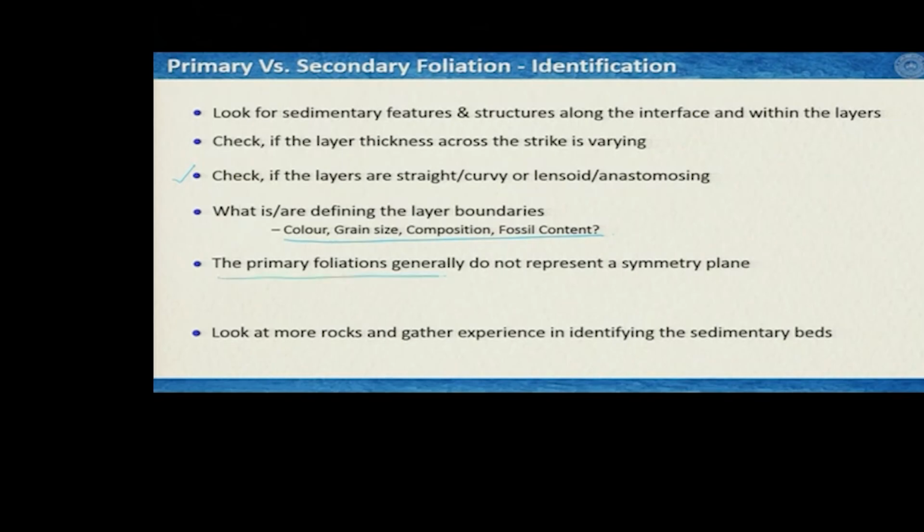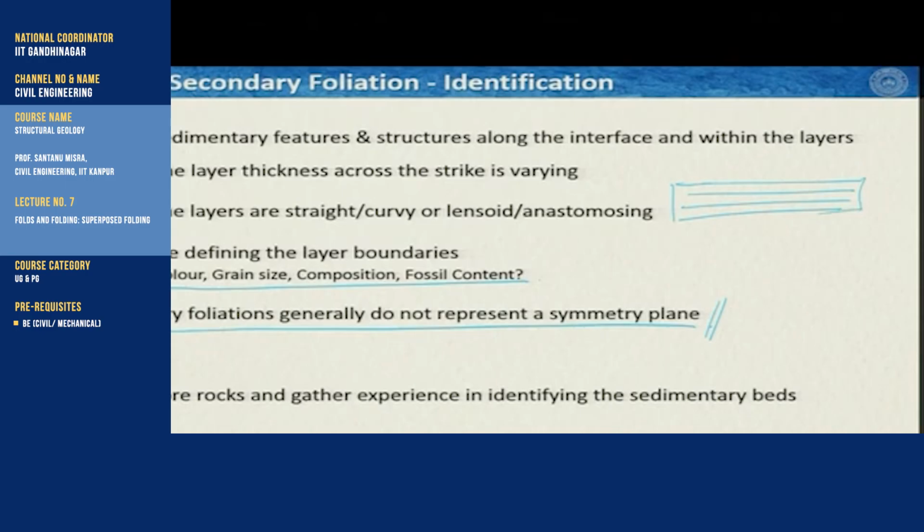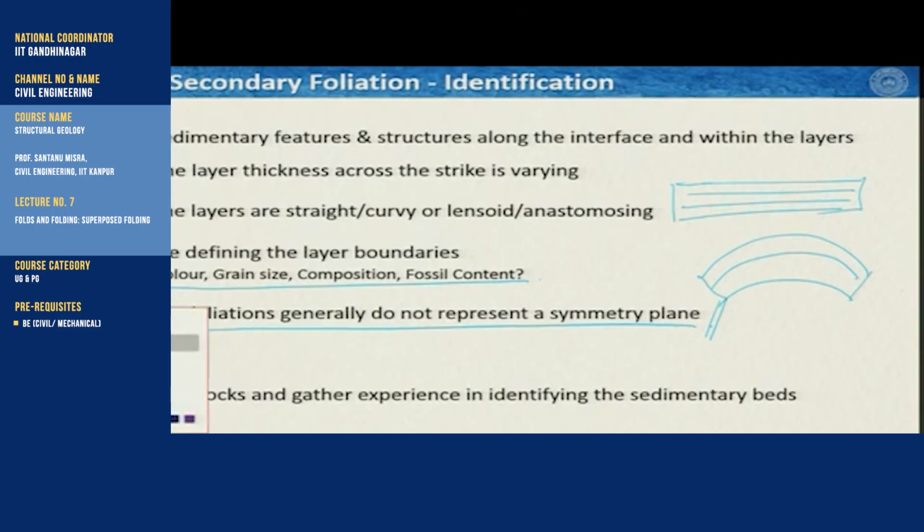Now, primary foliations do not represent a symmetry plane. We will talk about this later, but very briefly, if I have primary foliations they just develop like this, but if this layer got folded, then the secondary foliation, I just interchange the color, develops like this.